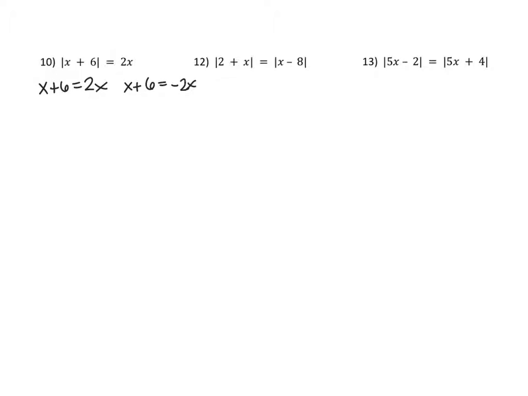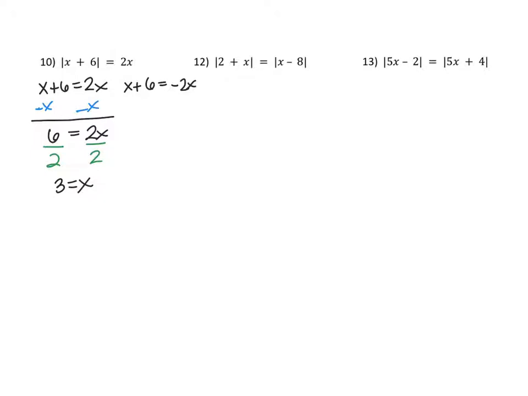So move all the variables to one side of the equation. So I'm going to move the x over on that first equation, and that will leave me with 6 is equal to 2x. Then divide by 2 on both sides, and you'll get 3 is equal to x.